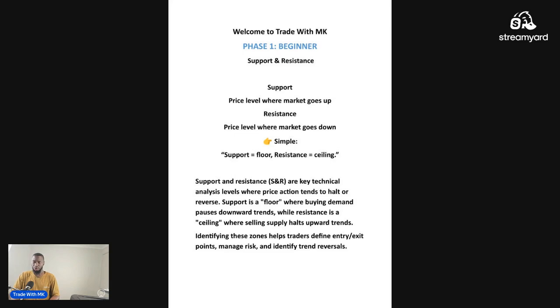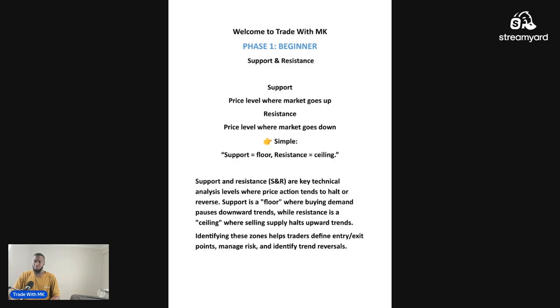That area or zone, we consider as support. Resistance is a price level where markets go down. That's where the sellers are looking to sell. They see the area as their zone, the best opportunity at the moment to sell.